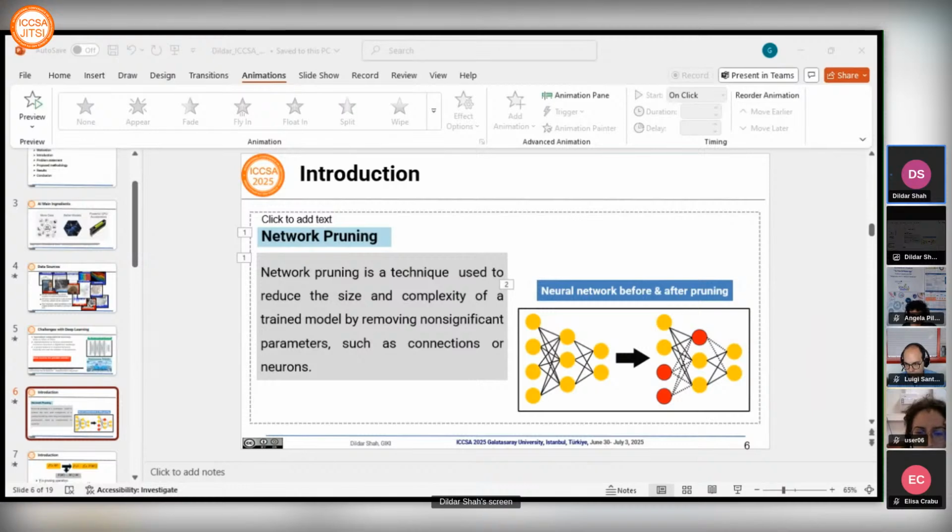But in a convolutional neural network, there are filters, and different filters capture different levels of abstraction. Each filter is a tensor with C input channels and a spatial dimension k cross k.